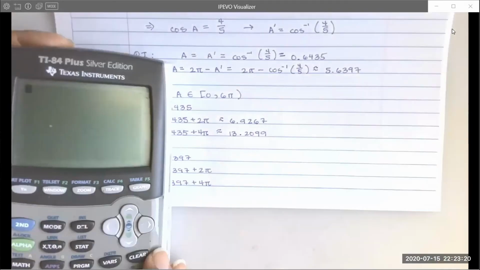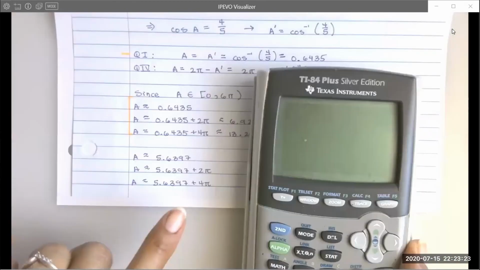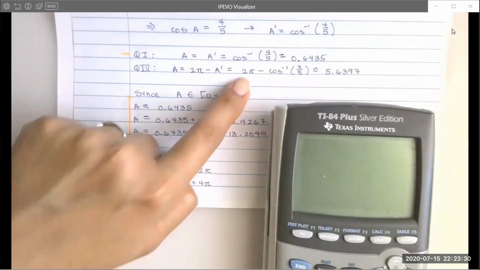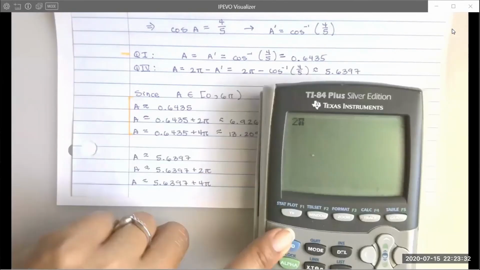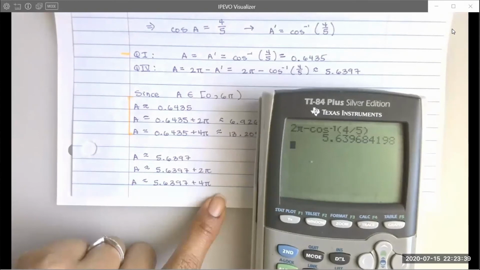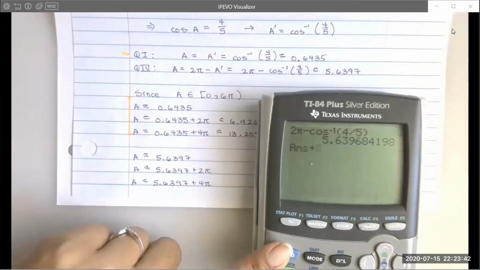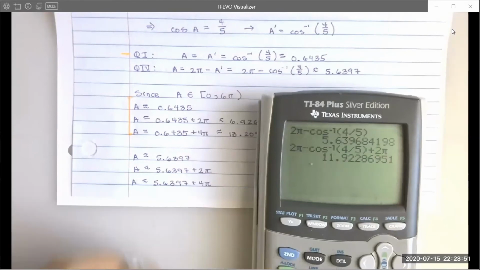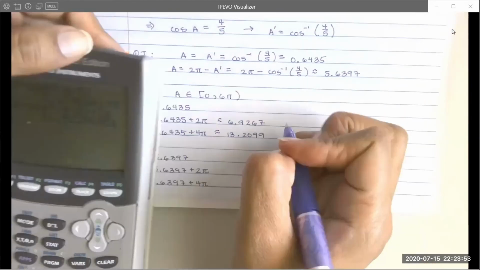All right, so for A, let me keep it more exact. It's 2 pi minus cosine inverse of 4 over 5. So we got that. Okay, so plus 2 pi, that's 11.9229.